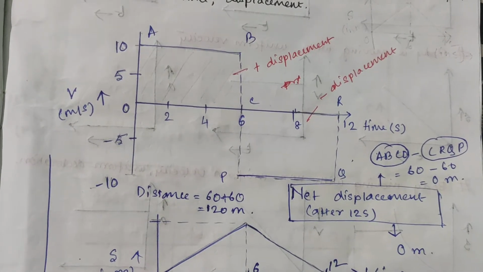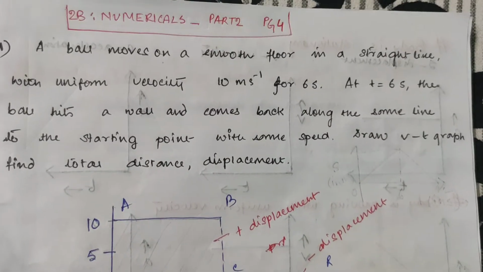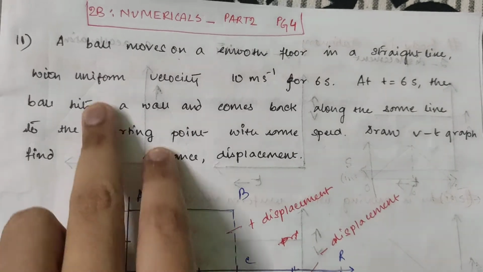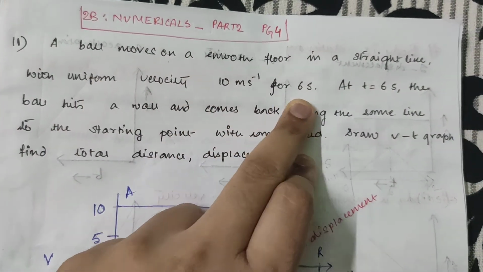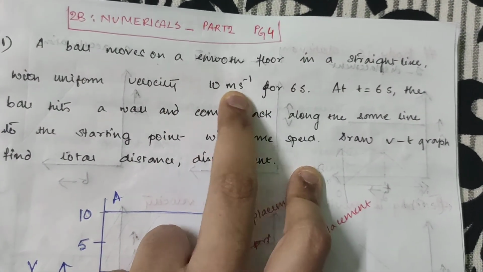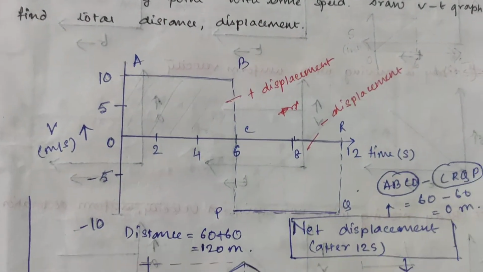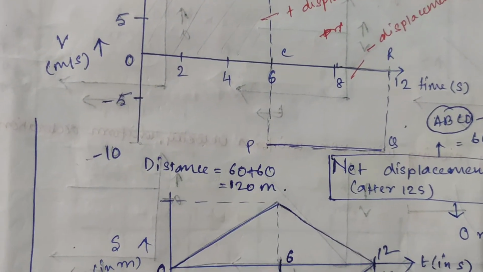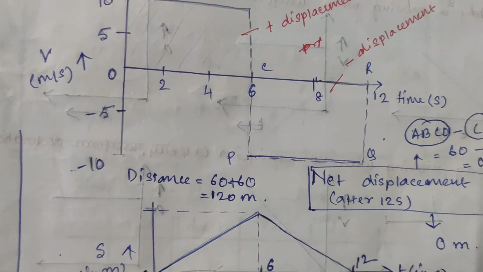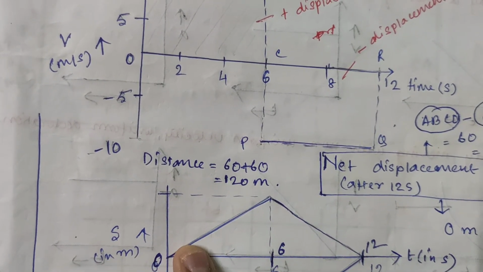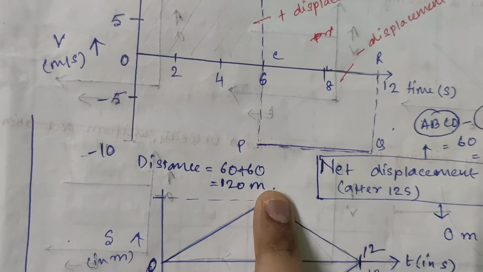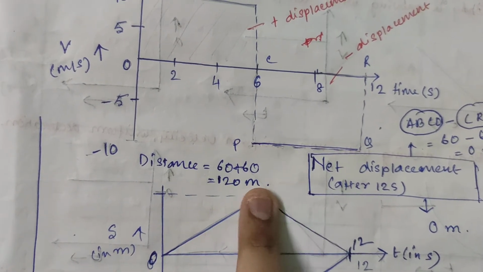Initially it's moving with uniform velocity, right? Because it has been mentioned: for 6 seconds at a uniform velocity of 10 meter per second. So this will be the displacement time graph for when the ball is moving from the start point till it hits the wall. Then what has happened?